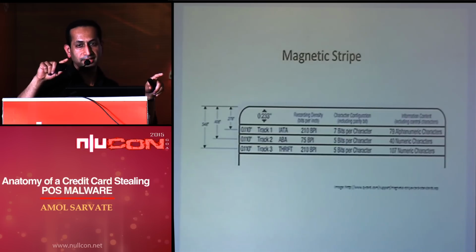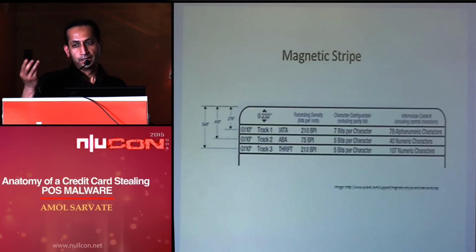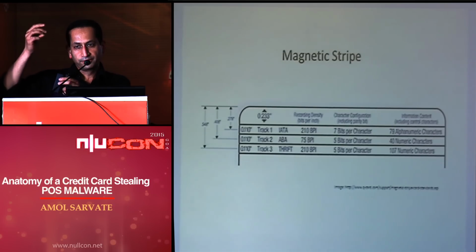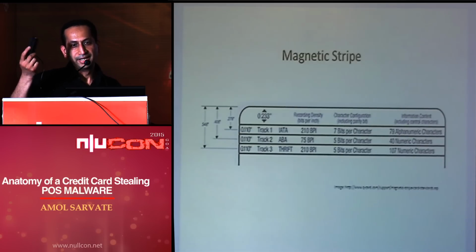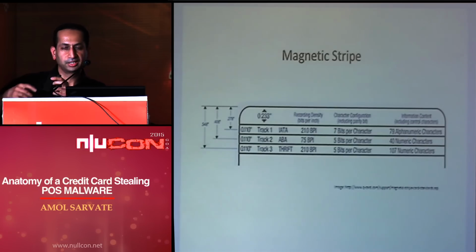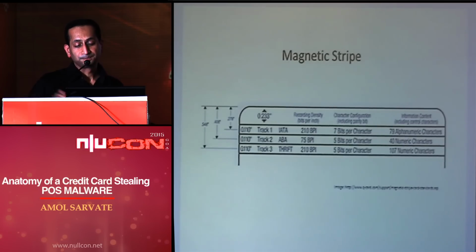It passes over the head and data is read. Here, since there is no motor, you physically swipe your card, and that reads the data in the head which is present inside here. So it is almost the same technology. Instead of the reels moving, you yourself physically swipe the card.